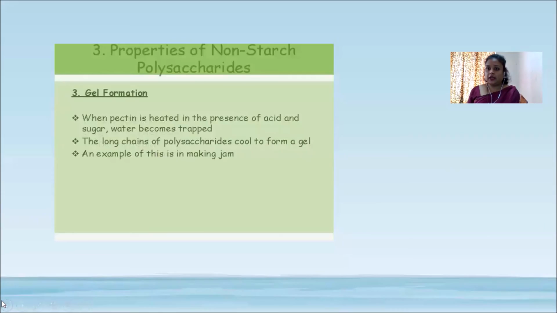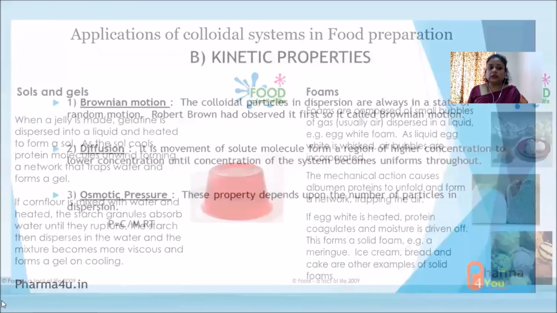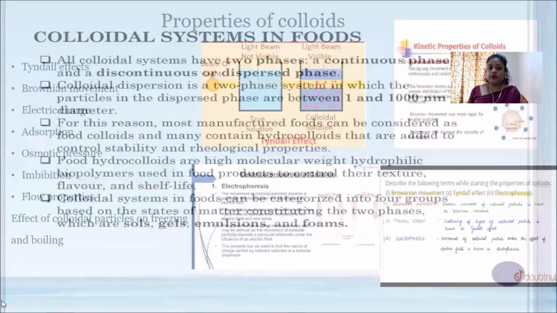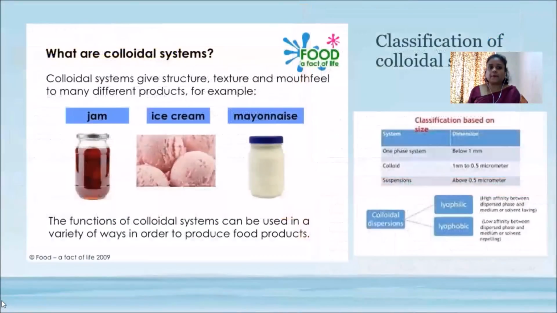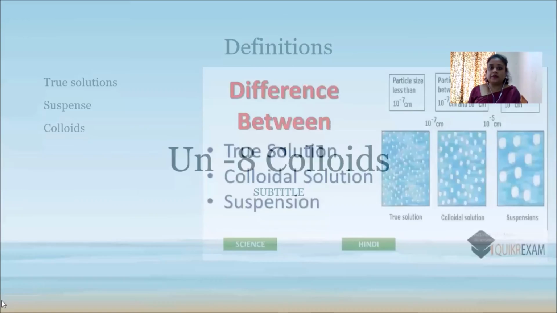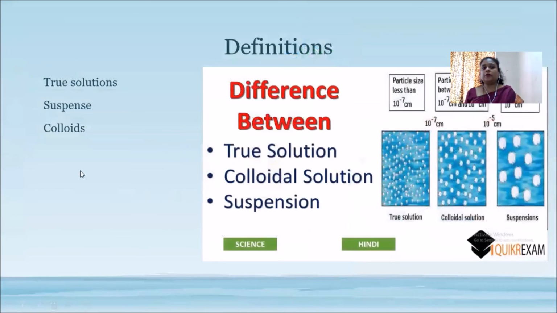So very quickly I'm going to revise. This is unit number 8, colloids, where we are doing the revision. In this colloids unit, we have been talking about the true solution. Homogeneous, particle size is 10 to the power of 7 centimeters, where you have salt or sugar dispersed, immersed, they get dissolved.